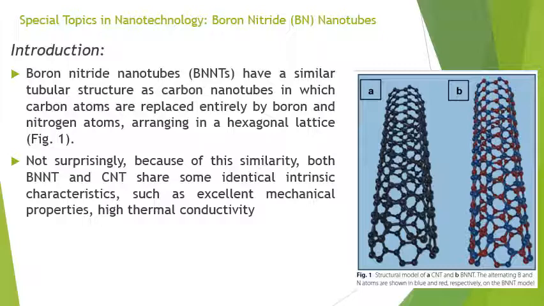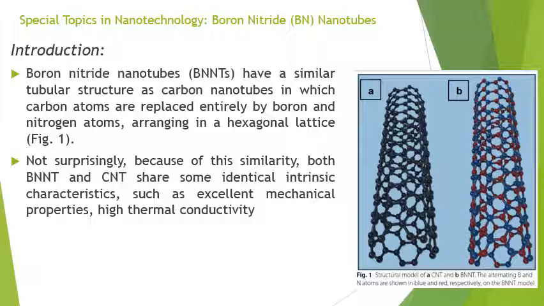So what are these BN nanotubes? They are boron nitride nanotubes, and are similar in tubular structure to carbon nanotubes, in which carbon atoms are replaced entirely by boron and nitrogen atoms arranged in a hexagonal lattice as shown in the figure. Right, so figure A indicates the carbon nanotube, and B that the hexagonal arrangement is replaced by boron and nitrogen atoms, and that is the boron nitride nanotube.